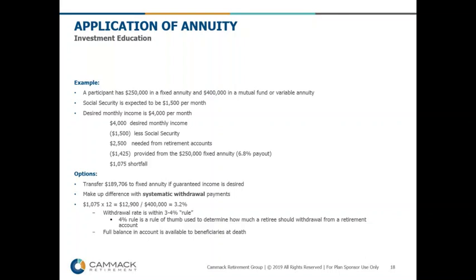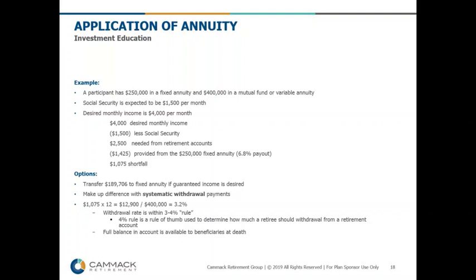So let's say that we assume they're going to get $1,500 from their Social Security. And their goal, they need $4,000 a month to cover all their expenses. And this is all the money that they expect to spend, including going out to eat and saving for vacations and different things. They want to spend $4,000 a month.